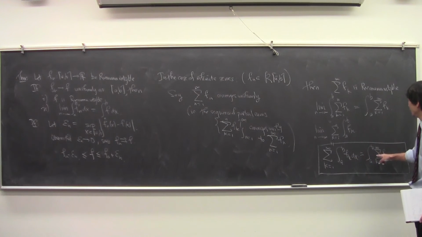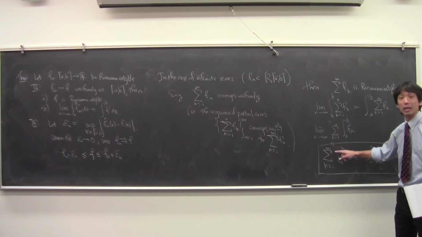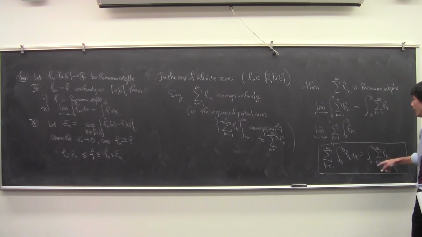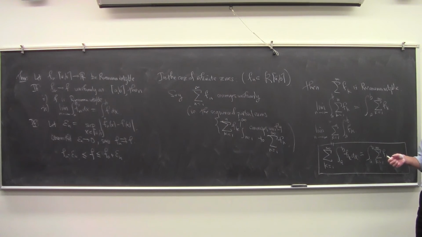If you're integrating an infinite series here, then you can actually integrate each of the terms and then sum them. And you'll see this sort of thing when you're talking about power series in complex analysis. You've got some power series, and it turns out you can just integrate each of the terms to figure out what the series converges to.